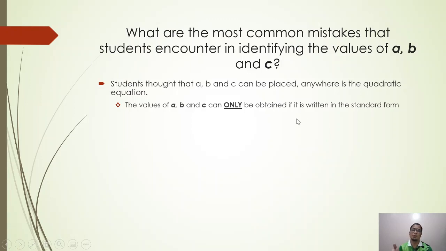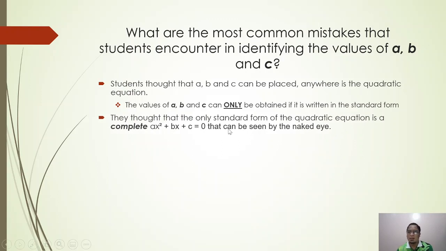So the very first thing na kailangan po pala natin gawin bago natin tingnan yung values ng a, b, and c will be to set the quadratic equation in the standard form. If you remember correctly, it is ax squared plus bx plus c equals 0. So equated po siya sa 0. Okay?